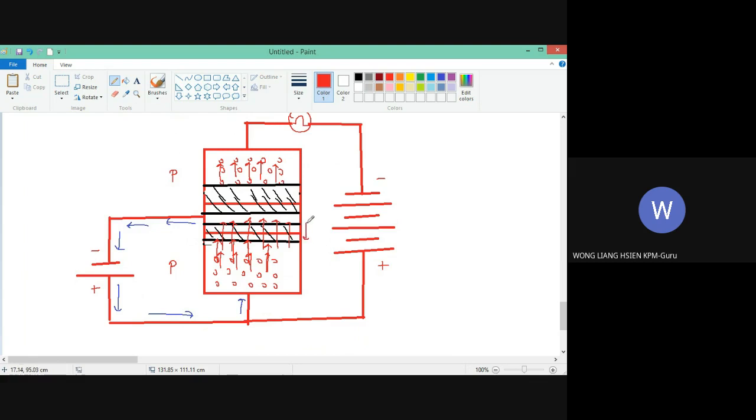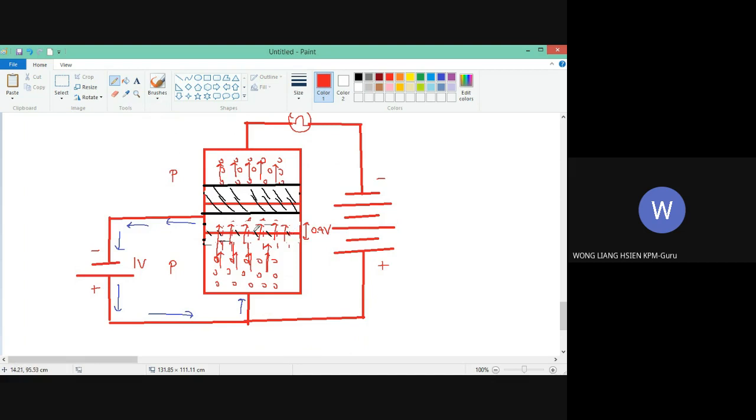The gate here also has a junction voltage. So if this is on, then it will overcome the junction voltage. So it will be higher than the junction voltage, so it will overcome the junction voltage. So this diffusion layer will disappear. Okay, no more diffusion layer. So the hole can pass through.